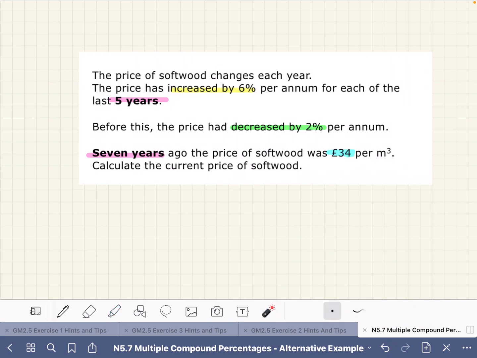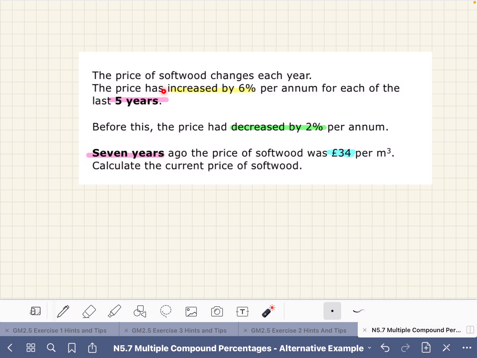Now we can see that we've got increased by 6% for each of the last 5 years. So we've got a percentage increase and we're told how long it's for. Here we've got a decrease by 2%, but we're not told exactly how many years that was for. However, it goes on to say there are 7 years altogether.